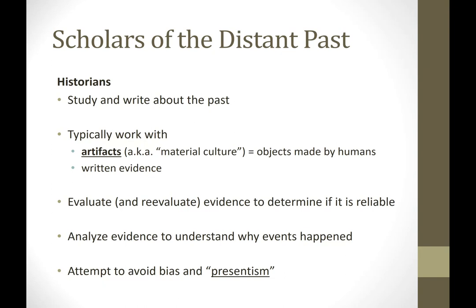Or you could have a negative bias. You might be from a town that hates another town's team, and so if you have a non-preferential treatment towards another team, that's a form of bias. So bias is like an unknown or sometimes known leaning that you have one way or the other towards something else. And we need to avoid that as historians.